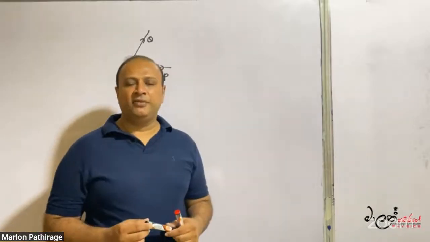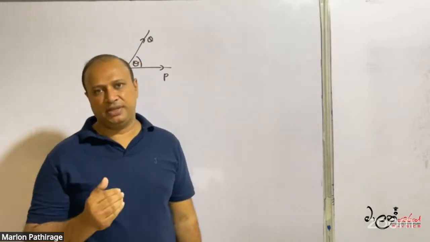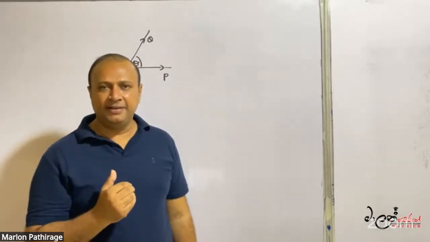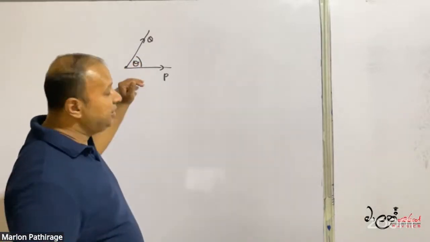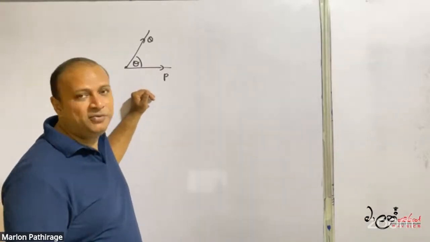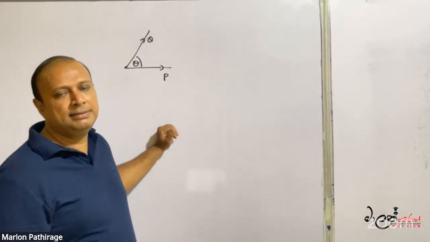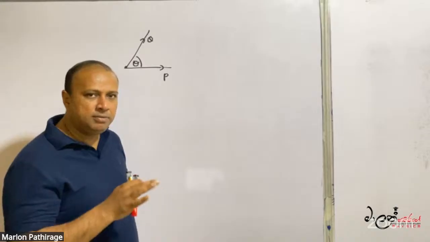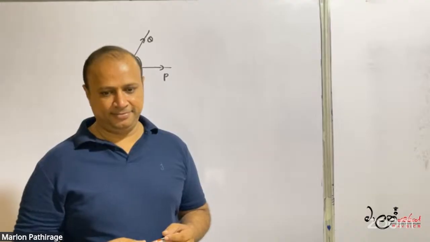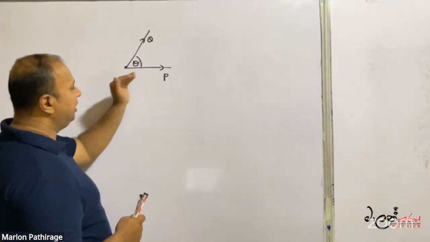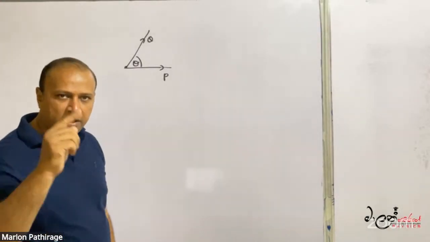Therefore, we need to determine the maximum resultant force and the minimum resultant force that can be taken by these two vectors, where resultant force means resultant vector. When two vectors are added, the resultant vector may vary according to this angle.